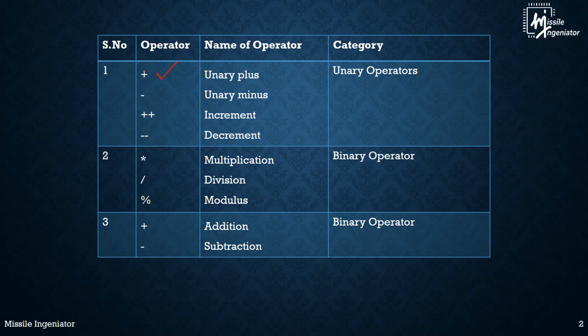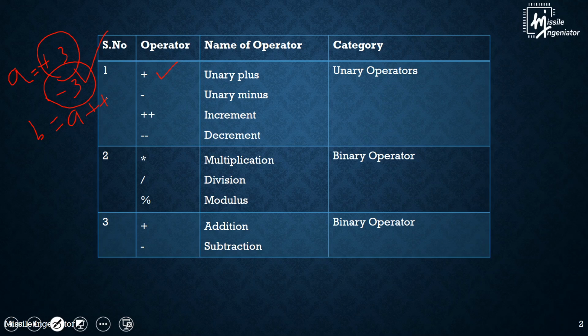Say if I assign the value a equal to plus 3, then I'm performing an operation on only this operand. Or if I declare the value as minus 3, I am performing an operation on only this operand, 3. Or if I want to declare b equal to a plus plus.